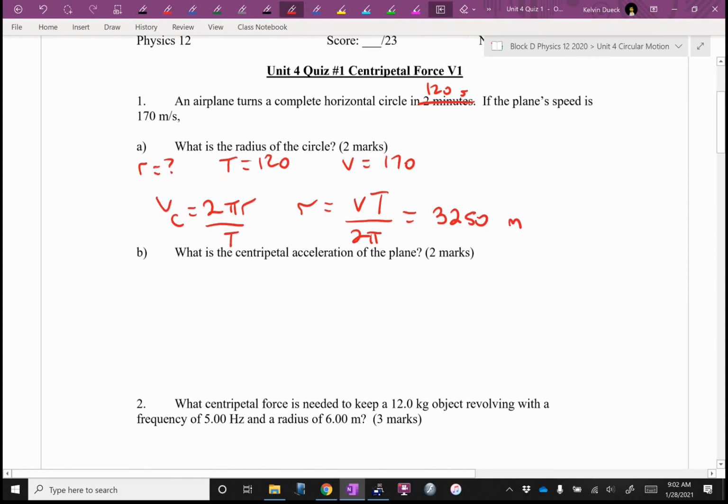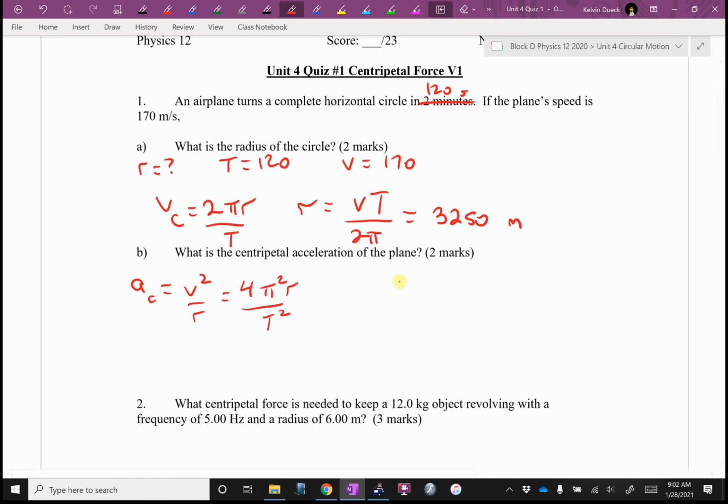B says, find the centripetal acceleration of the plane. I can either use v squared over r or 4 pi squared r over t squared. No matter what, I'm using my answer from A to do B. Which of those two looks like it's less typing?